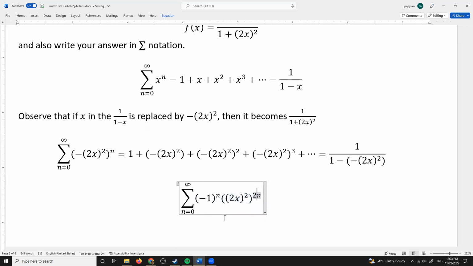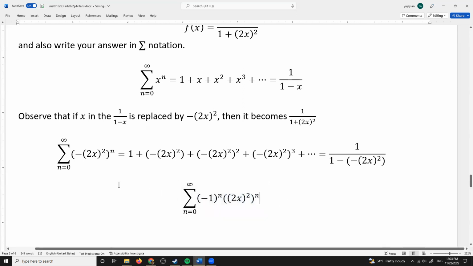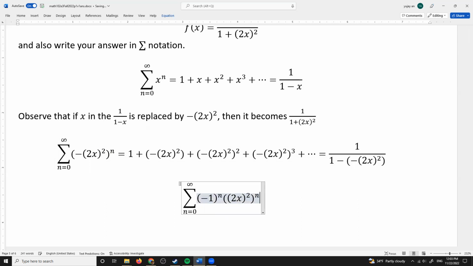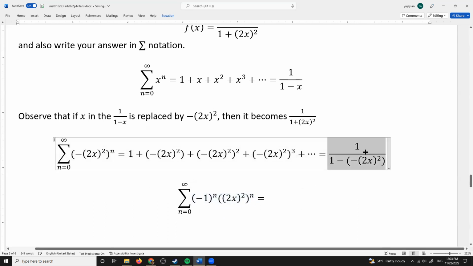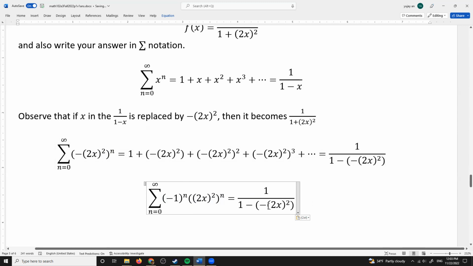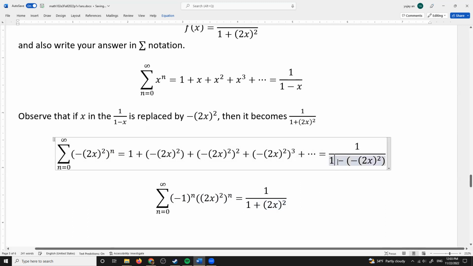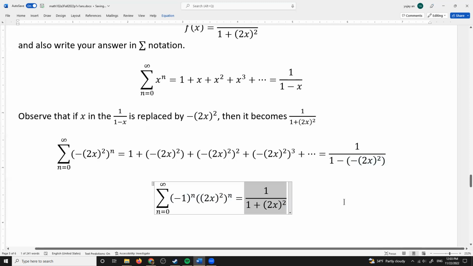Squared. Okay. So see what I did? I just broke apart the negative 1 outside, because the nth power is applied to negative 1. I just wrote that negative 1 to the nth power. Okay. And everything else is the same. While on the other hand, the right side, after canceling the minus with minus, this minus with minus is just plus, right? So minus and minus cancel, and you just get plus.